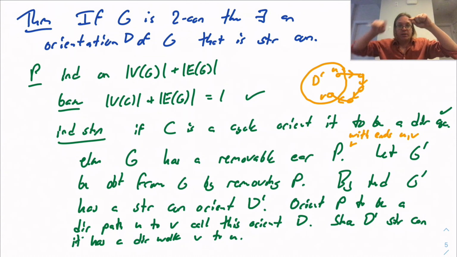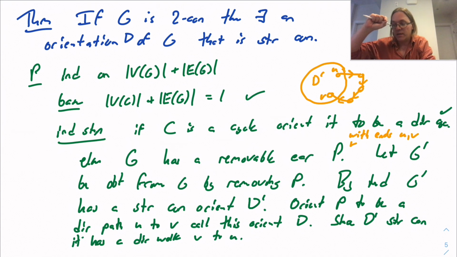Well, I just have a little directed path out here. Certainly you can walk from any vertex that's earlier on the path to any vertex that's later on the path, but if you have one that's later on the path, then you can follow along this directed walk in G prime from V to U and then reach any of the earlier ones.